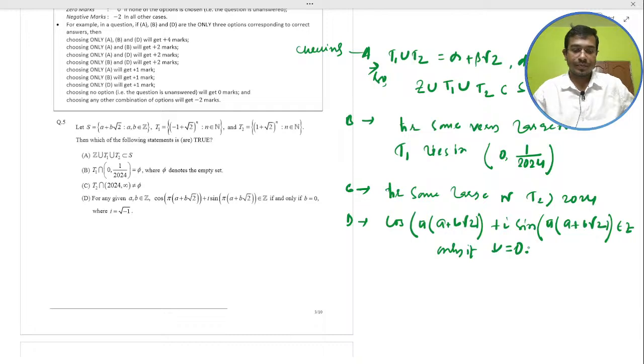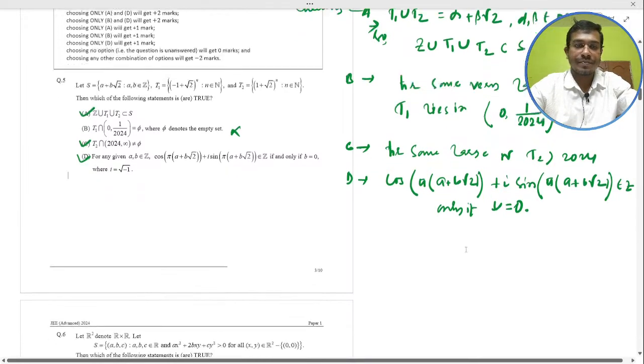So option B is not correct because this is a null set, and options A, C and D, these three would be correct. Option A, C and D.